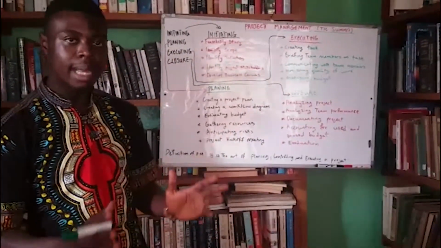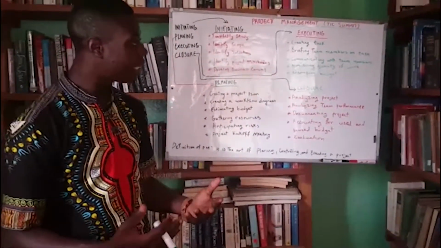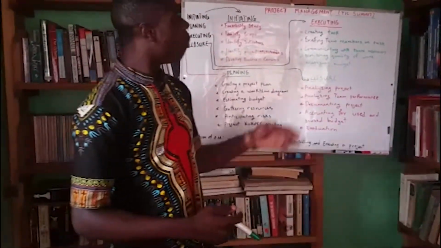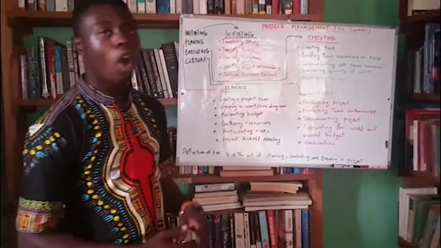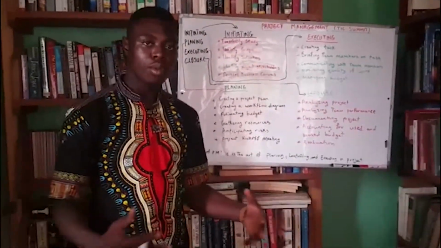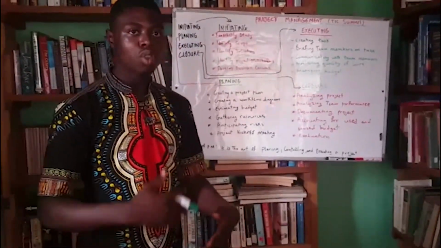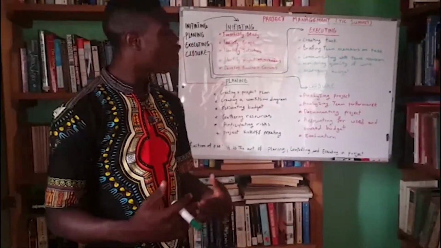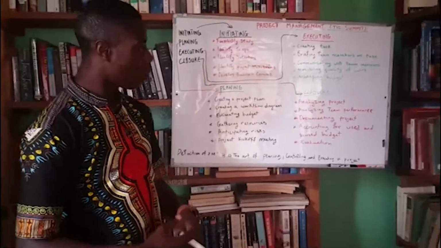You could create a WhatsApp group where you communicate on a daily basis to know the progress of each group member. Monitoring quality of work: you people can meet together, you look at what you have done, you see the quality of what has been done, and then it will help you to improve your project and better manage your project.